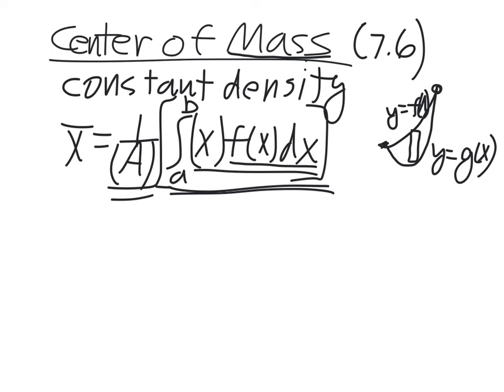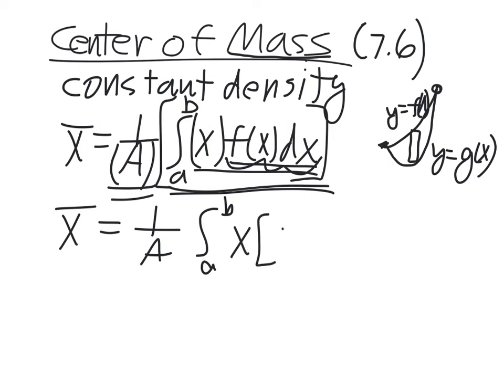Area is f of x minus g of x, and then times your delta x or dx. So this right here would change to just f of x minus g of x. So we'll go ahead and change that form.